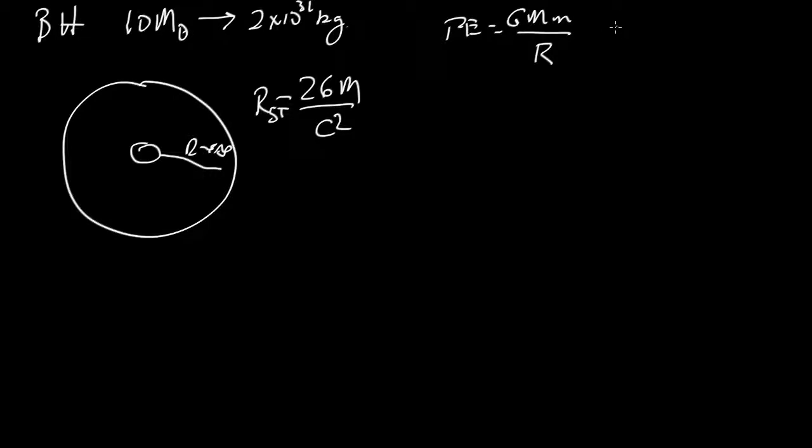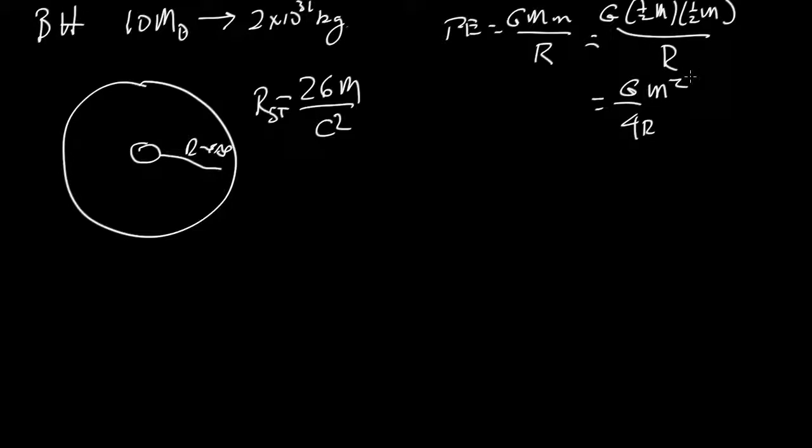So half the mass sitting on top of the other half. So that means my big M and my little m here are the same. They're both half of big M. So I'll get G times 1/2 M times 1/2 M divided by r, which is equal to G over 4r times M squared. So that's the total potential energy of a sphere of mass M.